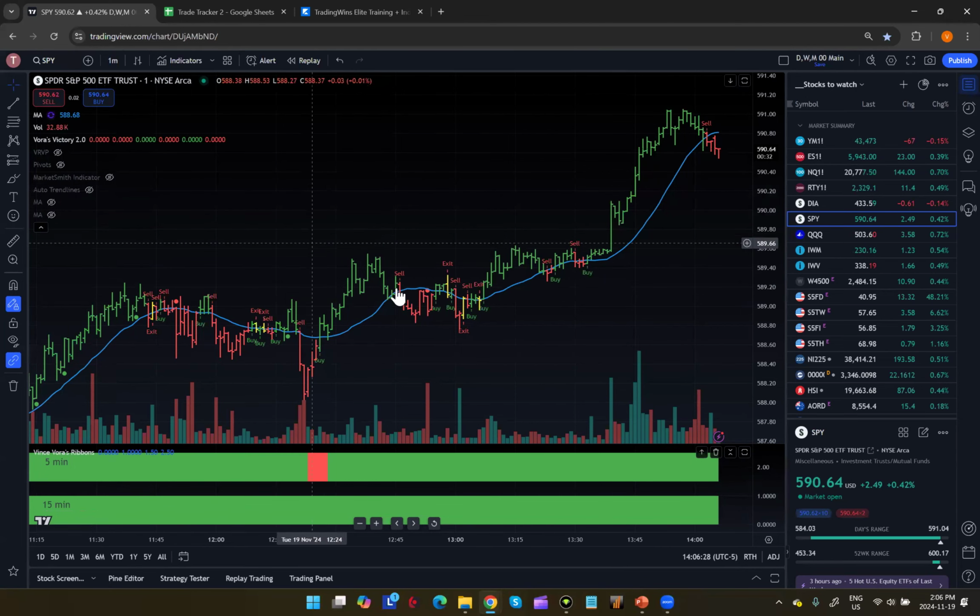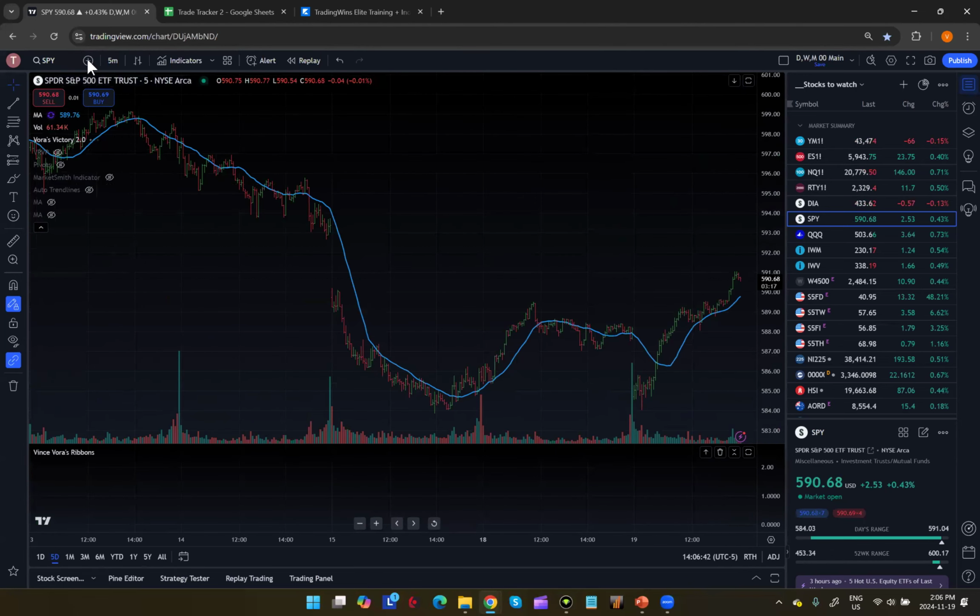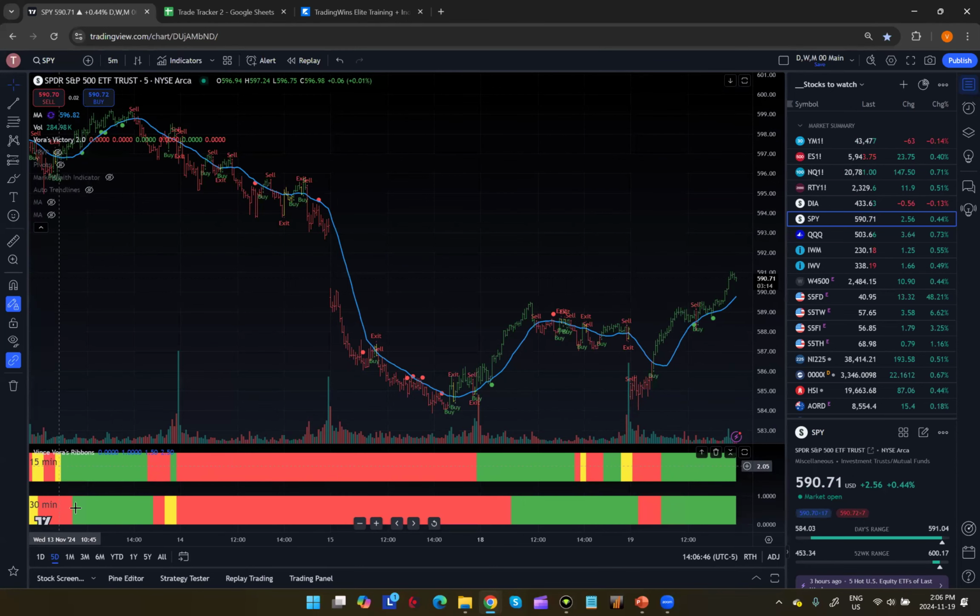What you're going to see whenever you go to any time frame is ribbons for two time frames that are slightly higher than the one that you are on. So for a 1 minute, we have a 5 minute and a 15 minute. If I go to the 5 minute chart, you're going to see the ribbons for a 15 minute and a 30-minute time frame.